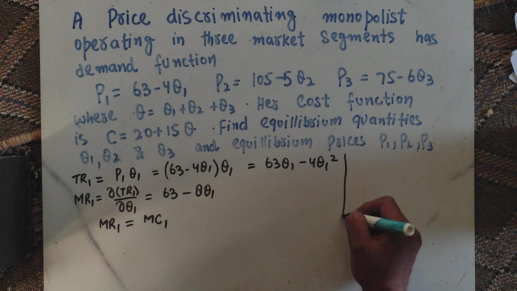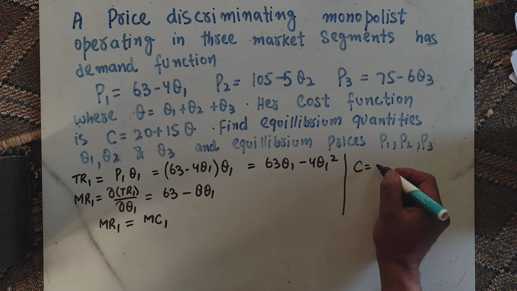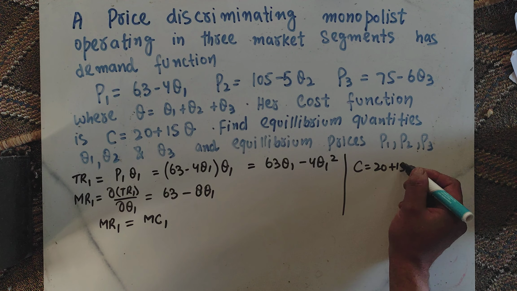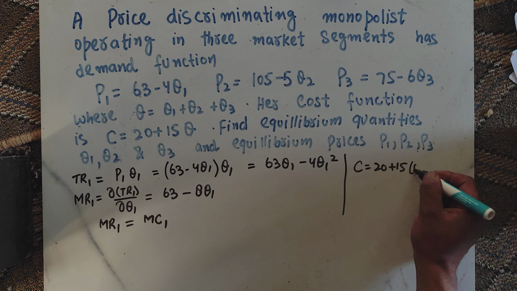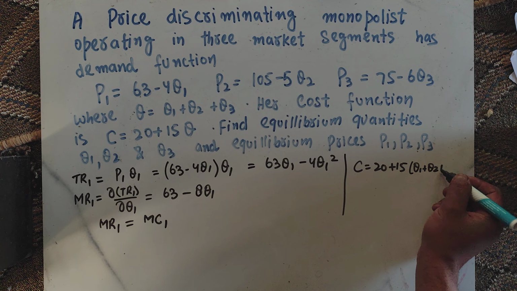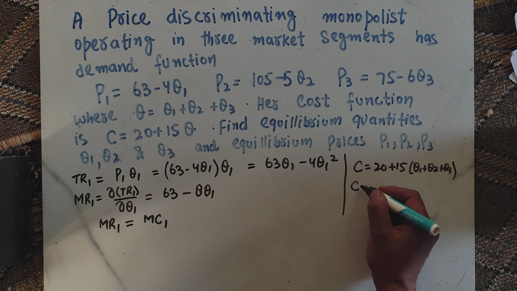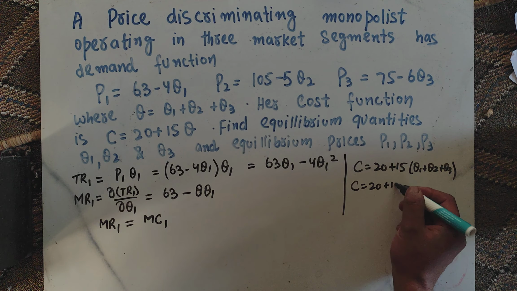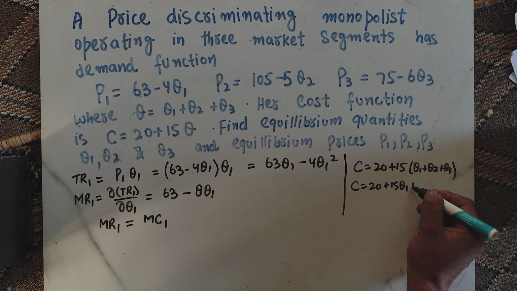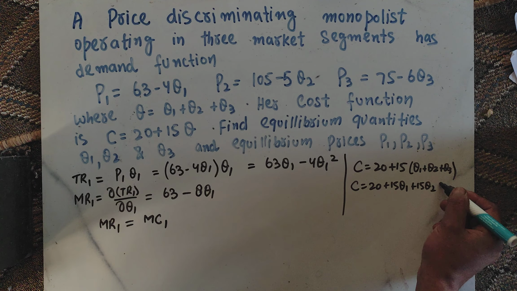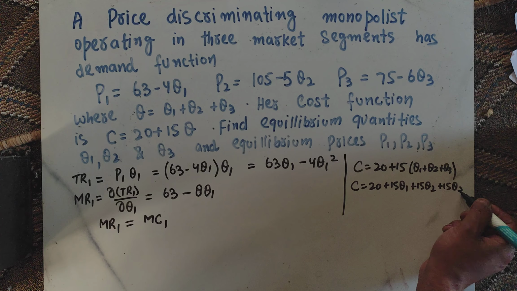Now the total cost function is given as C equals 20 plus 15Q, where Q is Q1 plus Q2 plus Q3. That means total cost will be equal to 20 plus 15Q1 plus 15Q2 plus 15Q3.